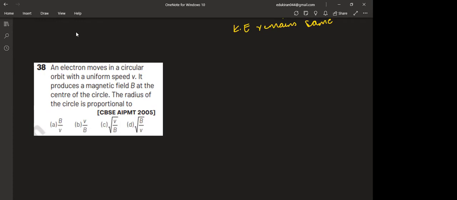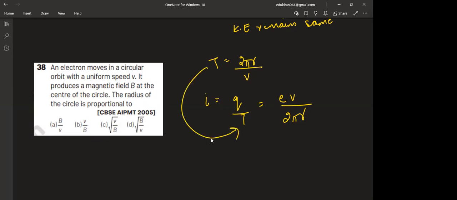See, this says that an electron moves in a circular orbit with a uniform speed v. It produces a magnetic field B at the center of the circle. Radius is proportional to. So see, time period is 2 pi r divided by velocity. Now current is charge divided by time, or you can write current as charge divided by 2 pi r by v, when you put in the value of time period.